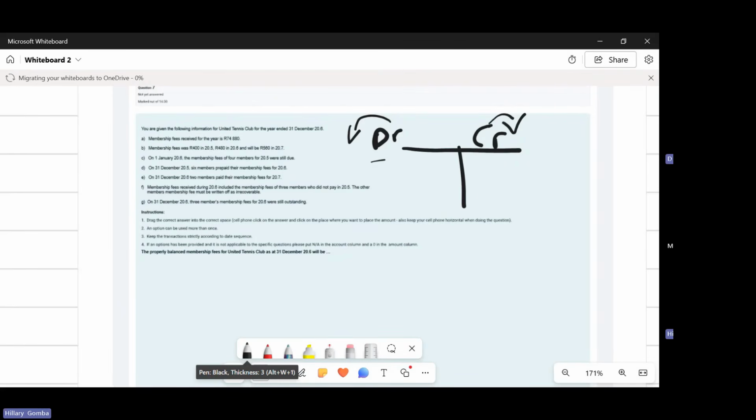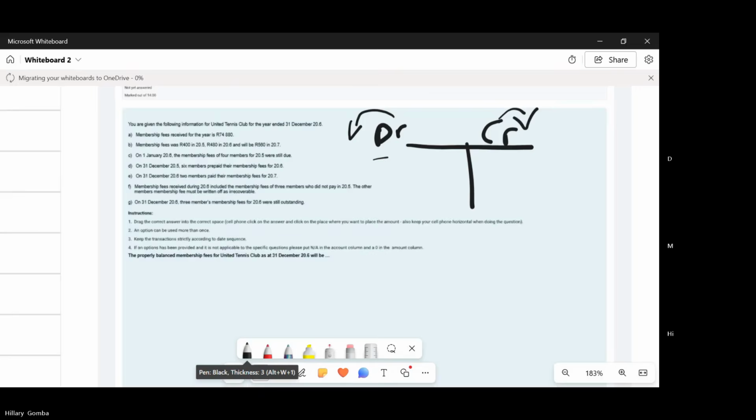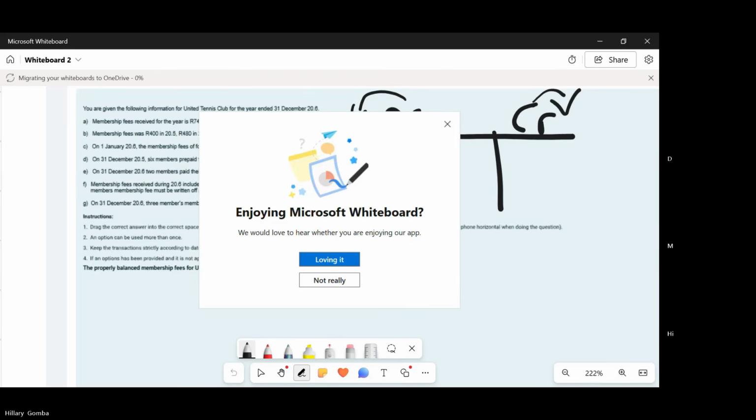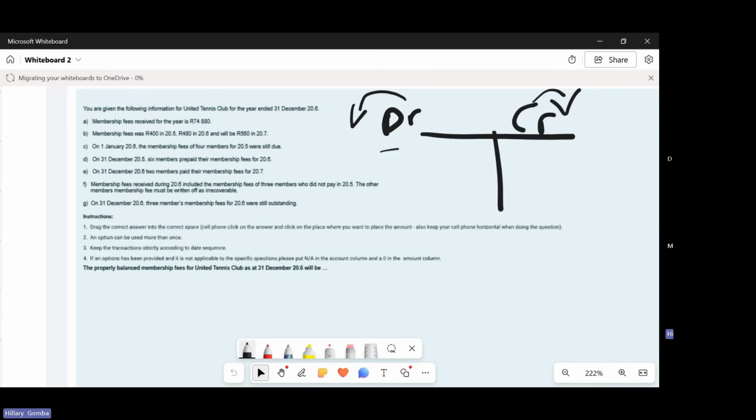Yes. So I was just saying that, when they give you the years that they're dealing with, they'll tell you that for either the current year or the previous year, there are certain members that are still outstanding. So they told you that on 1st of January 2026, the membership fees of 4 members for 2025 were still due.